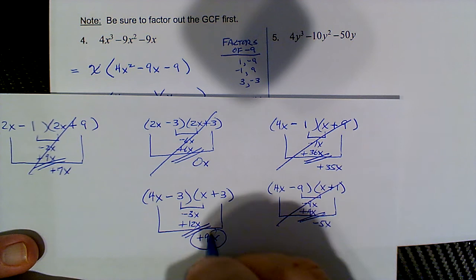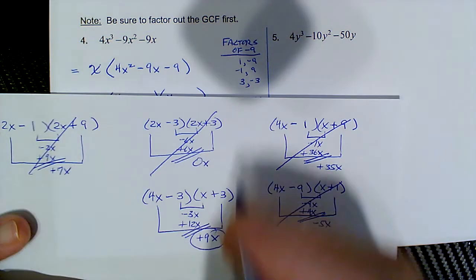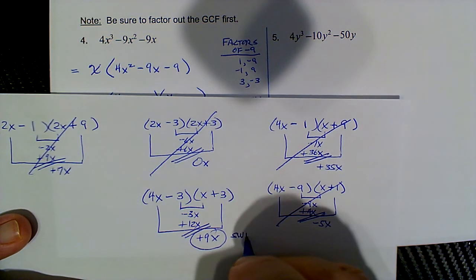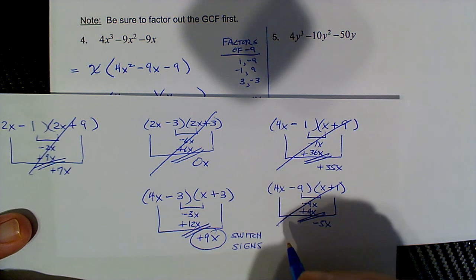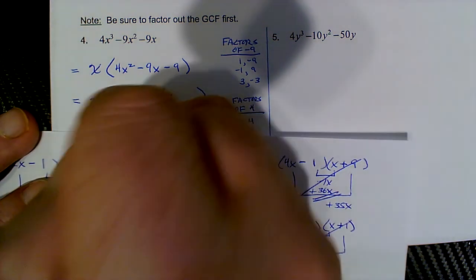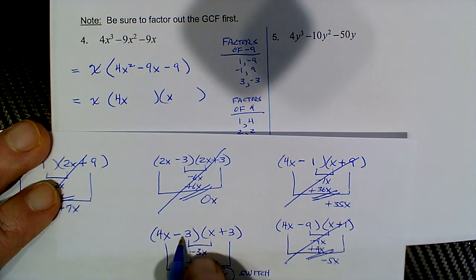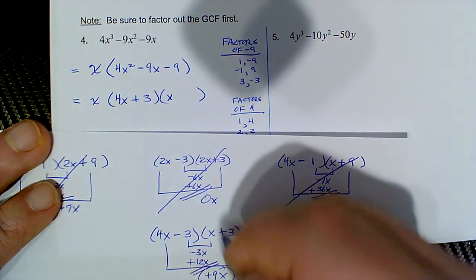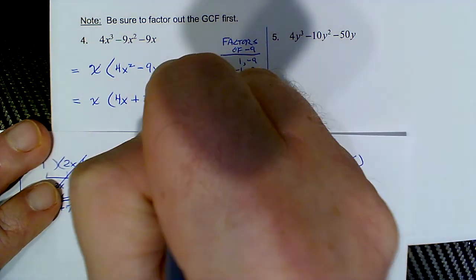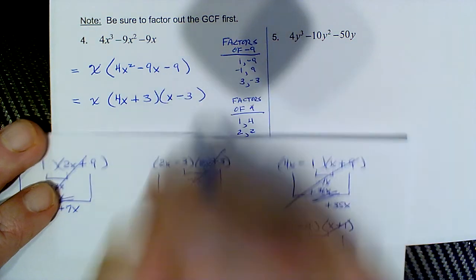And the sign's wrong. We need a negative 9x. So just switch the signs. So that means 4x instead of minus 3, plus 3. And x instead of plus 3, minus 3.